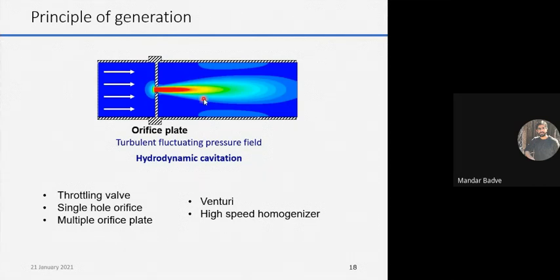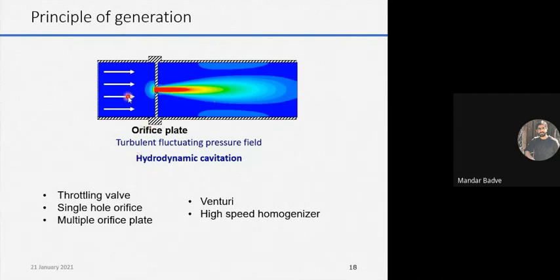And because of that collapse, you get a very high intensity cavitating condition. So this is how the cavitation takes place in a flowing liquid. Because the cavitation takes place in a flowing system, it is called hydrodynamic, right? Dynamic because it's a flowing system, right? So this is how the hydrodynamic cavitation takes place in a simple orifice plate, right?